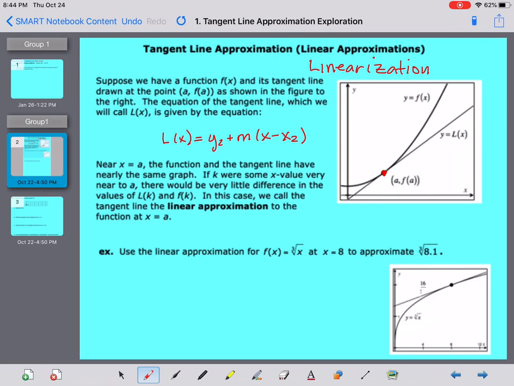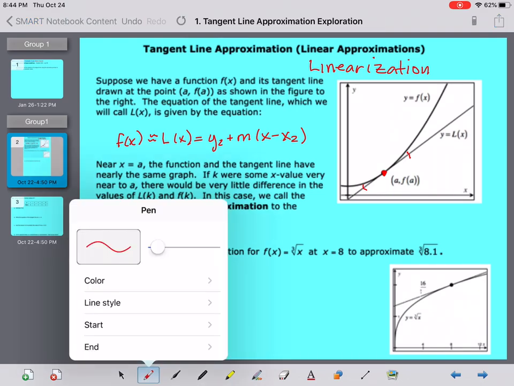We can use this tangent line to approximate the function at which it is tangent to, if we have that specific value. So at the point of tangency, that red point on the graph, we know that the function and the tangent line are in fact equal there. But for values around that point of tangency on that tangent line, we can use that tangent line to actually approximate values of the function.